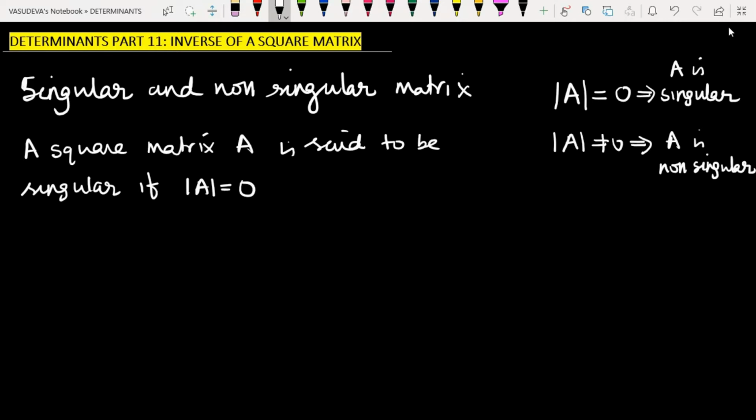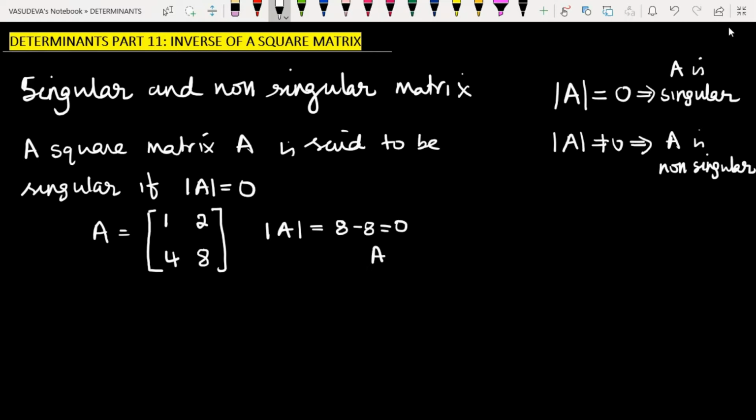For example, if we take A as the matrix 1 2; 4 8, determinant of A is 8 minus 8, which is equal to 0. So we conclude that determinant of A is 0, and hence A is a singular matrix.